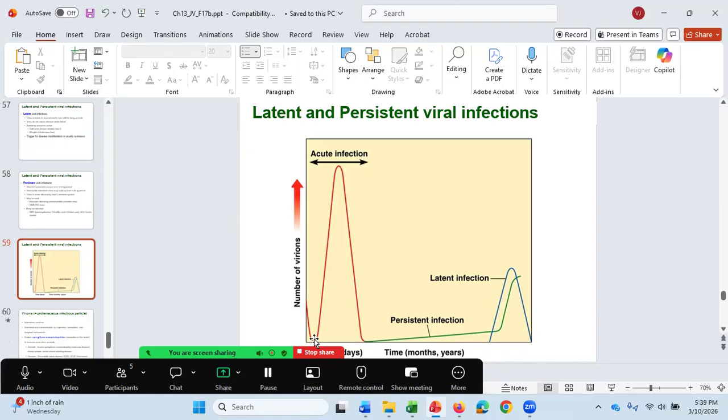And then the virus quickly replicates, making new virions which are released, and that's an acute infection. The best example is the case of the human cold, and then the virus quickly goes away. The host immune system repels the virus with the colds. I think also the virus itself just goes away.